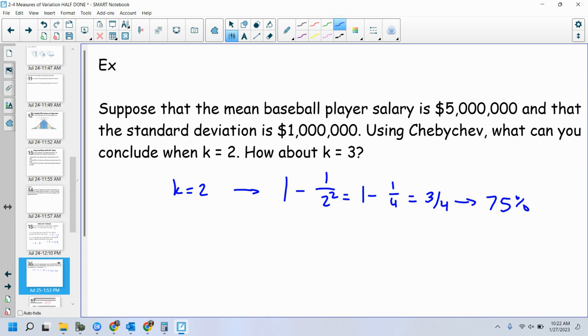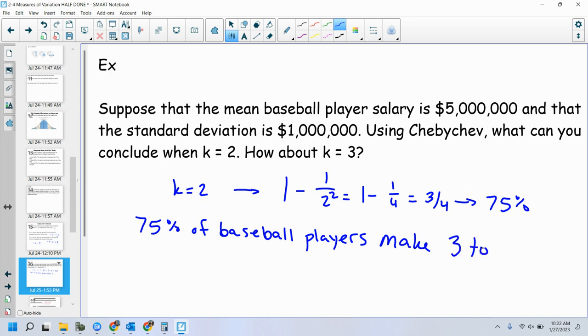We can say that 75% of baseball players make what? Not more than 6. Oh, 4 to 6, you're close. K is 2. 3 to 7.